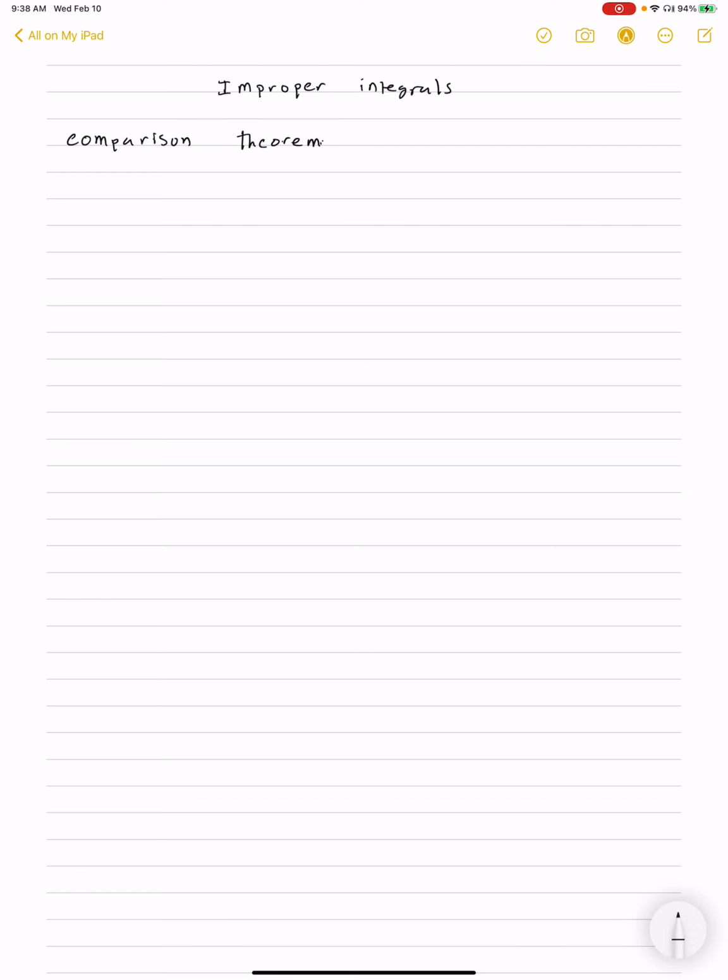It makes a lot of sense when you draw a graph. So I'm going to start off with that, but first, let's write down the premise.